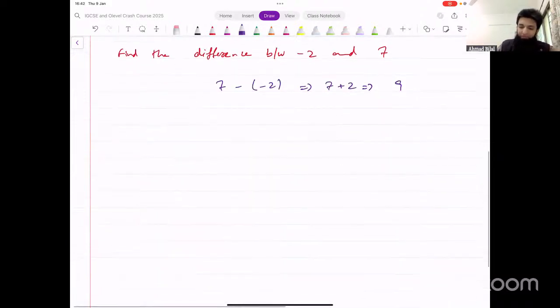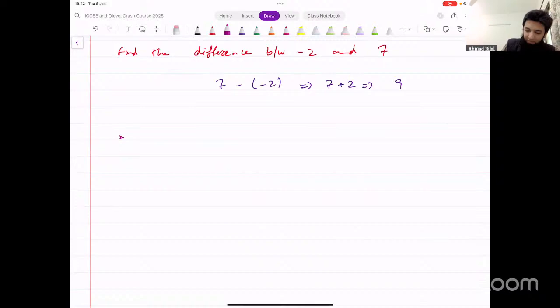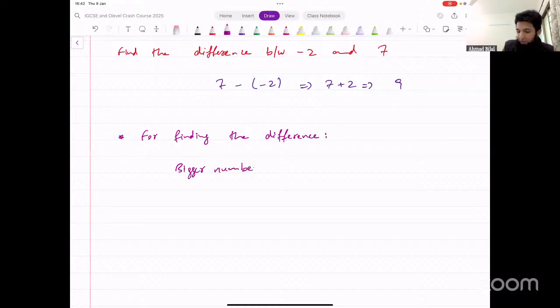Okay? Let me write that down here as well. For finding the difference between two values, what you have to do is subtract from the bigger number the smaller number. Okay, that's always what you have to do.